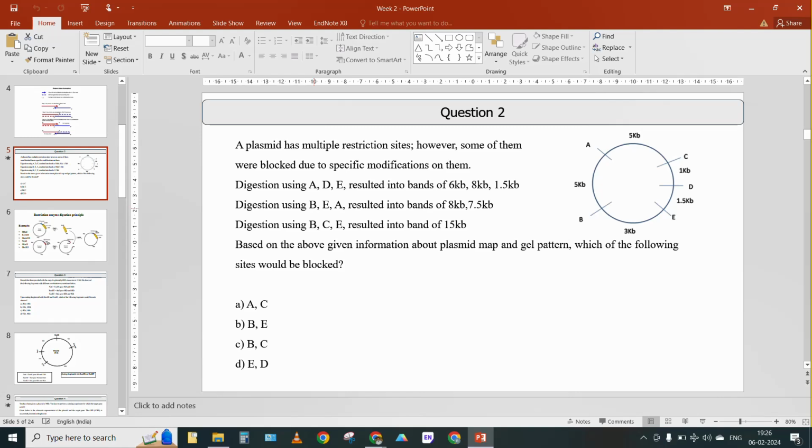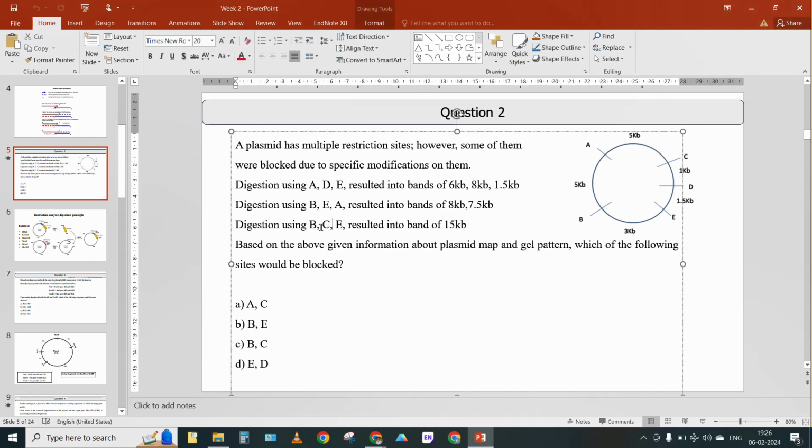While B is not working properly, A and E are working properly. By using the third digestion, while cutting with B, C and E, we are getting only one band, which is of 15 kb. So from our digestion, we got to know that A is working fine, and that it is cutting at just one point. Here we can say that B and E sites are blocked.